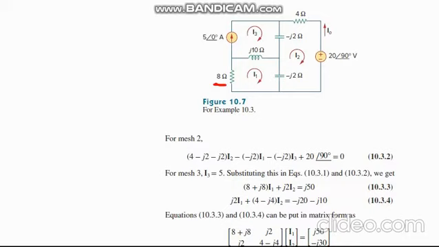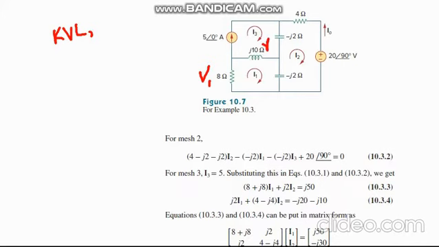As we know, we will apply KVL, Kirchhoff's voltage law, in that loop. As we know, if a current passes through a resistance or reactance, it drops a voltage V1.